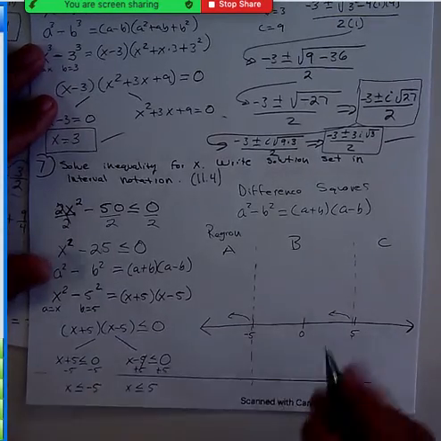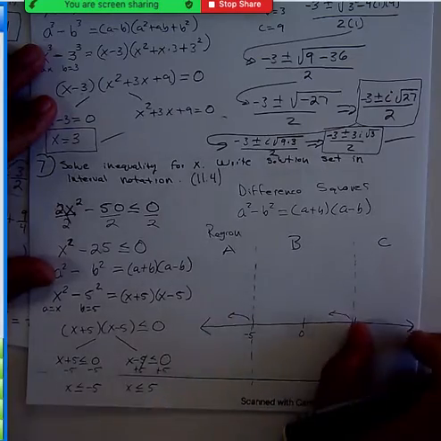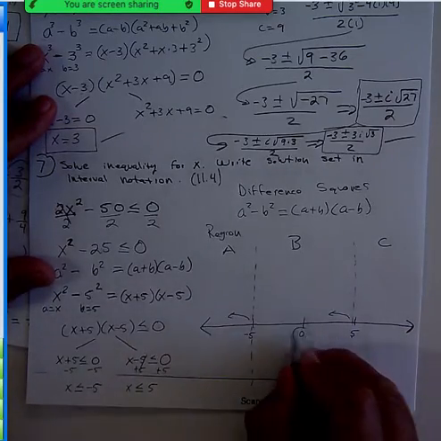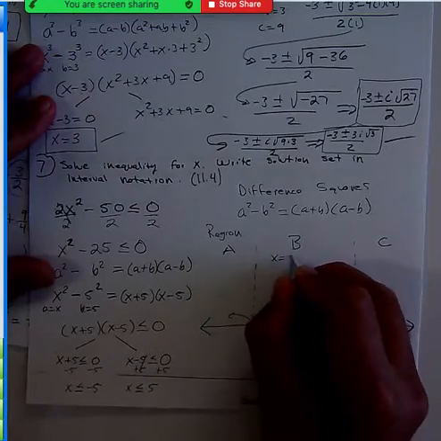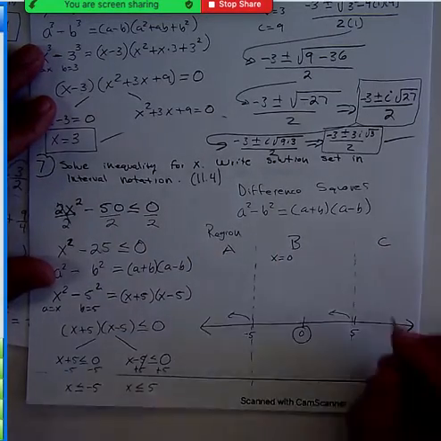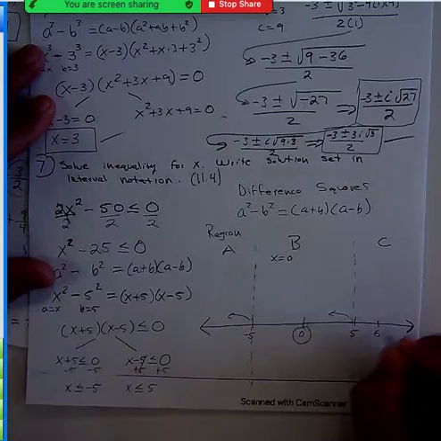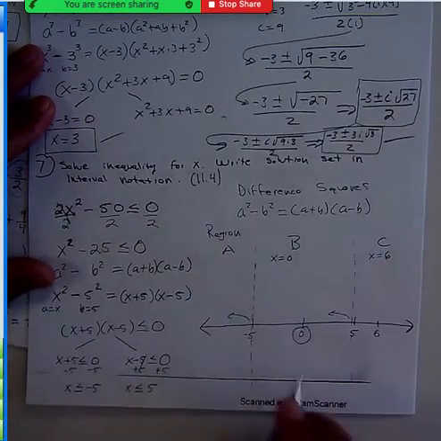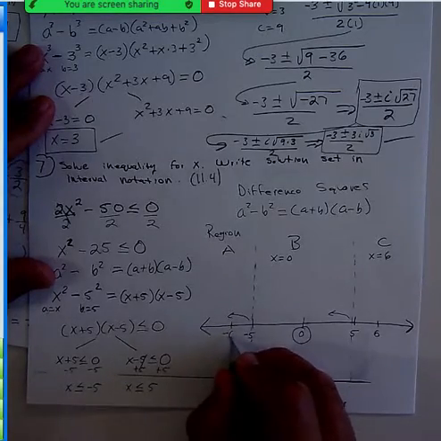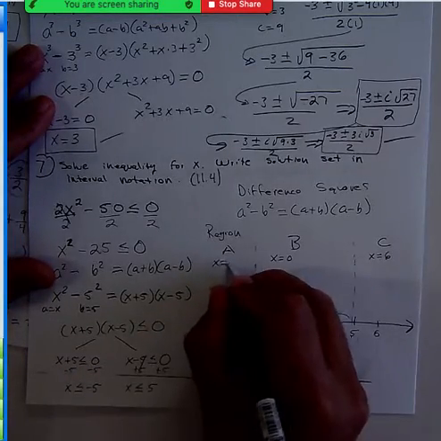How do we check? We're gonna use a number in each of the intervals. I'm gonna use 0. It's always good to use 0, so I'm gonna set x equal to 0 in this region. I'm gonna use 6 on this side, so x equals 6. And I'm gonna use negative 6 on this side, so x equals negative 6.